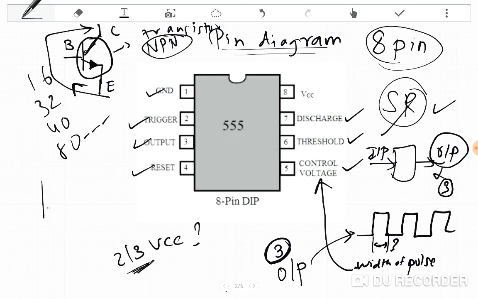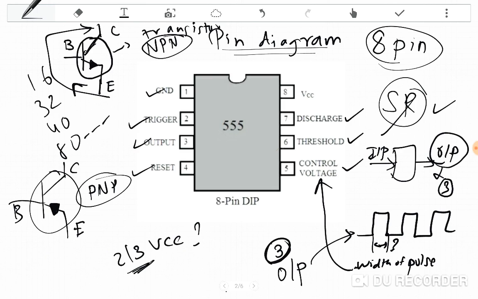When the transistor is drawn like this, the arrow is inside, going into the transistor. This is the collector, this is the emitter, and this is the base. This is called the PNP transistor, because the arrow is very important here. When the arrow is going inside the transistor, it is PNP, and when the arrow is going outside, it is NPN.